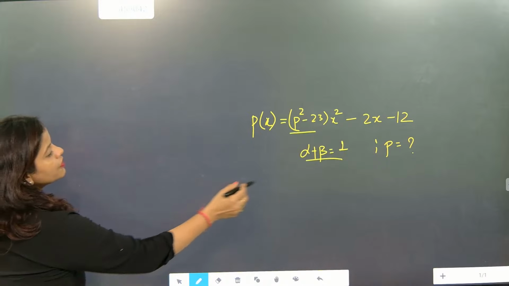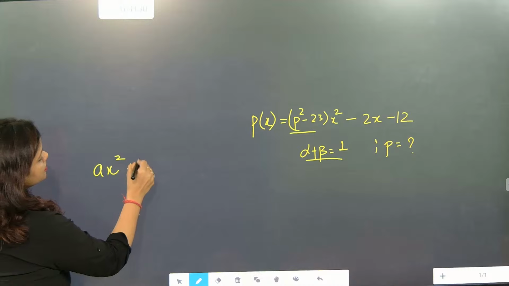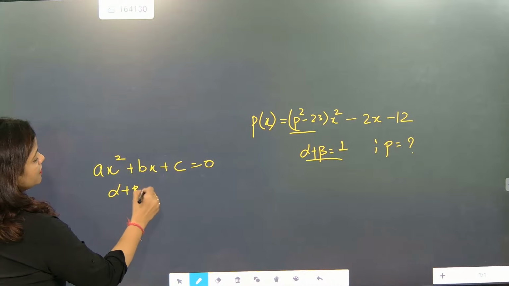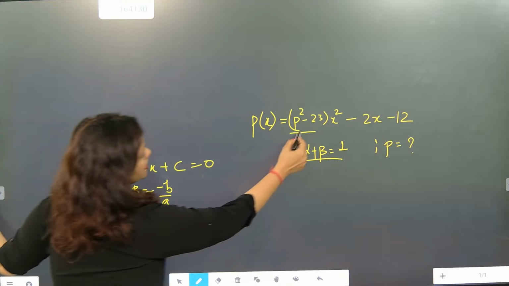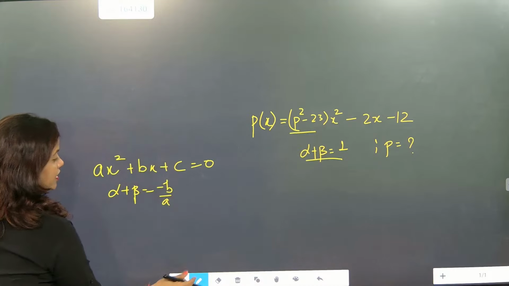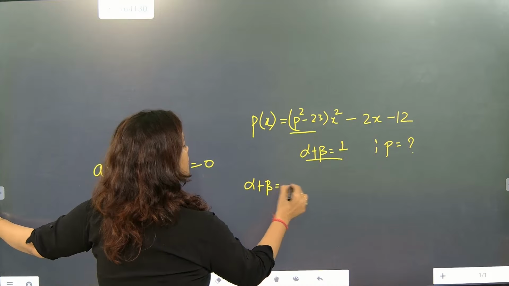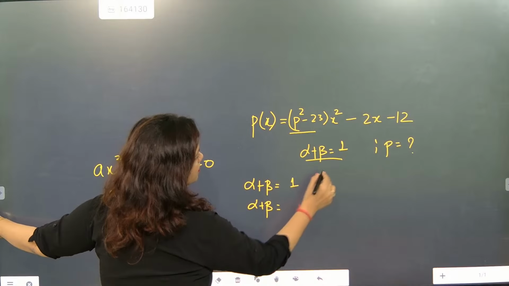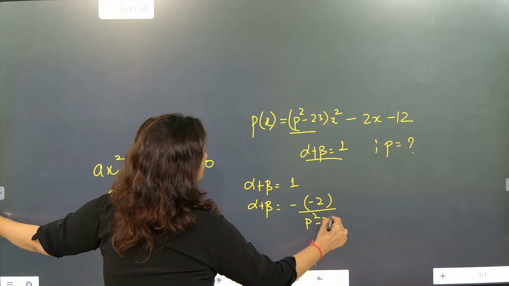If a quadratic polynomial is written as ax square plus bx plus c equal to 0, then alpha plus beta will be equal to minus b by a. Correct? So here alpha plus beta is equal to 1 as given. Also here alpha plus beta equals minus of minus 2 by p square minus 23.